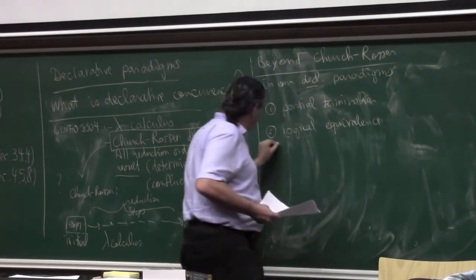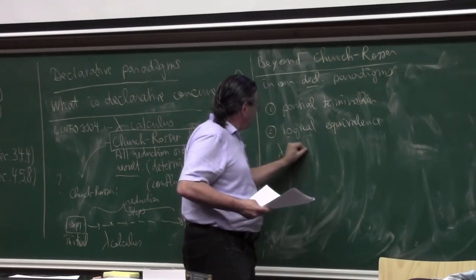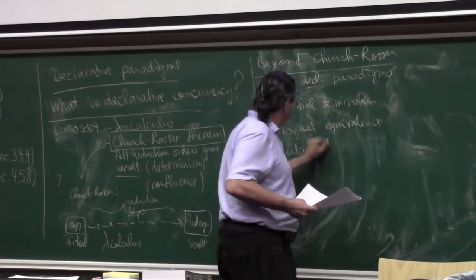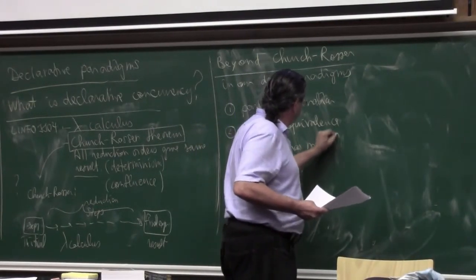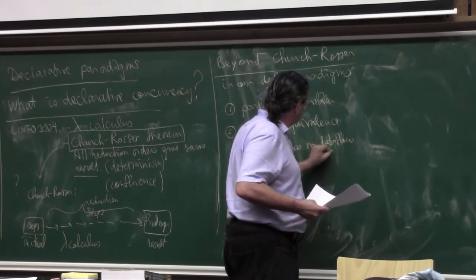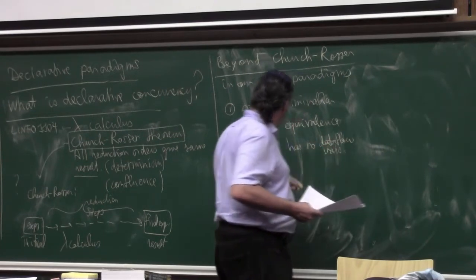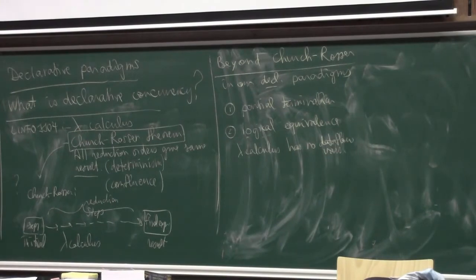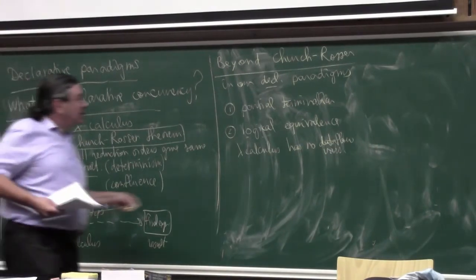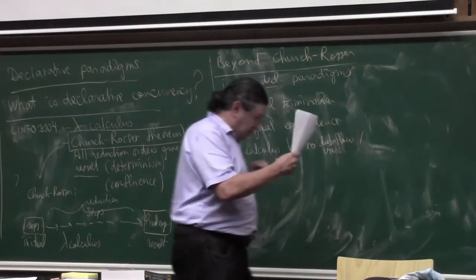Because the lambda calculus does not have single-assignment variables, it has no data flow variables. Okay? It has only functions, values, and application of functions. Here we have these data flow variables.